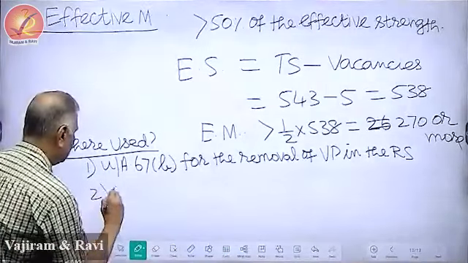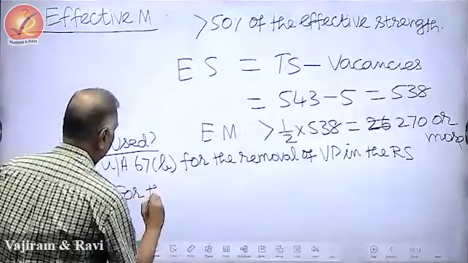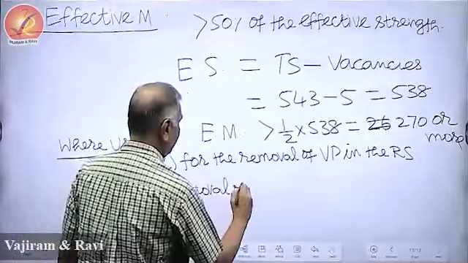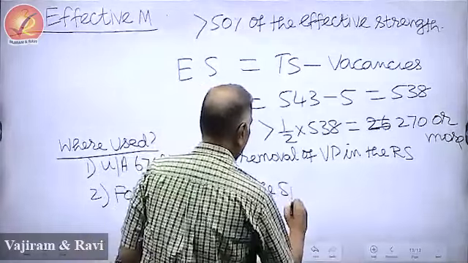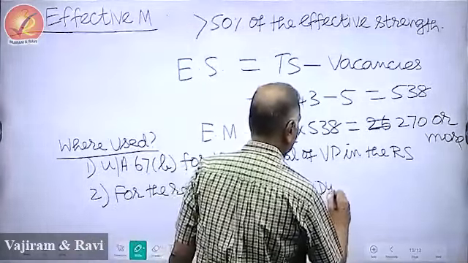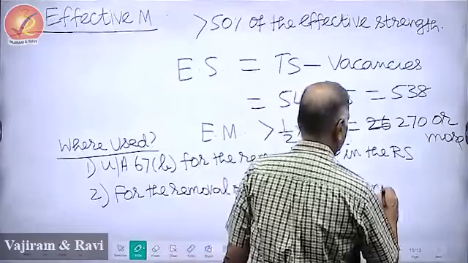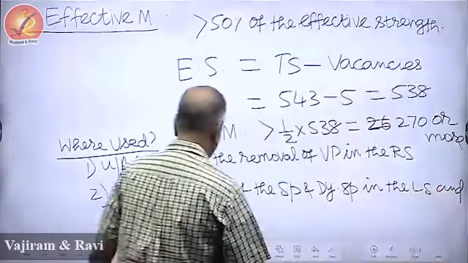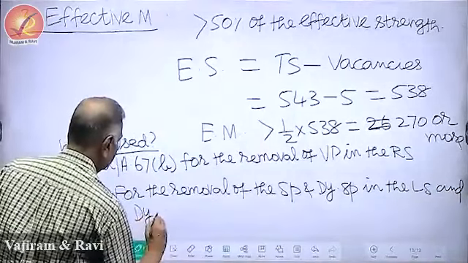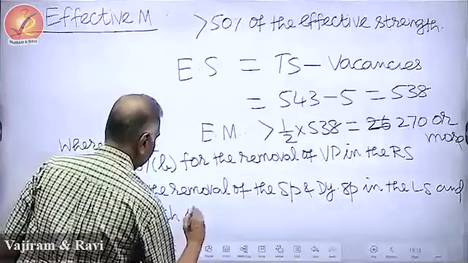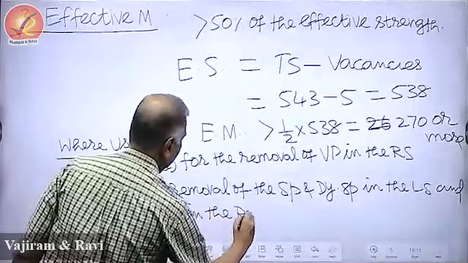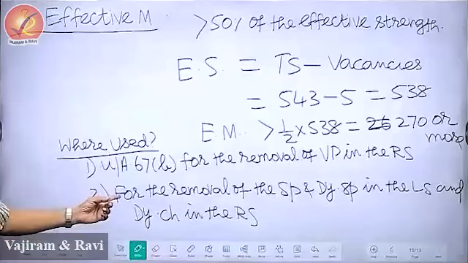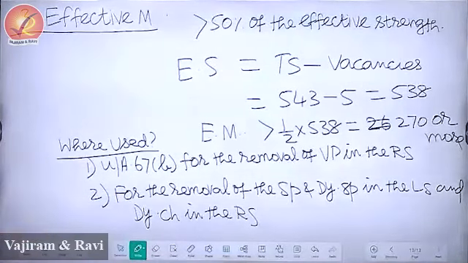Then second, for the removal of the Speaker and Deputy Speaker in the Lok Sabha and Deputy Chairman in the Rajya Sabha. So these officers are elected by simple majority but removed with effective majority.